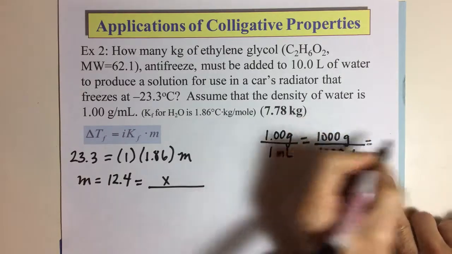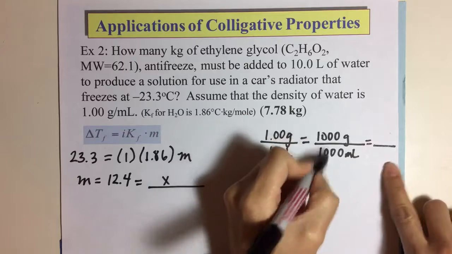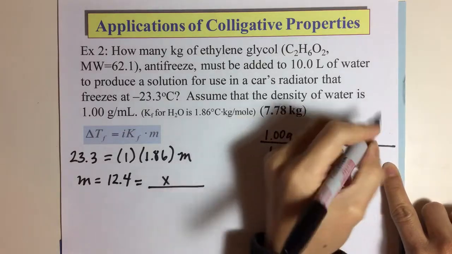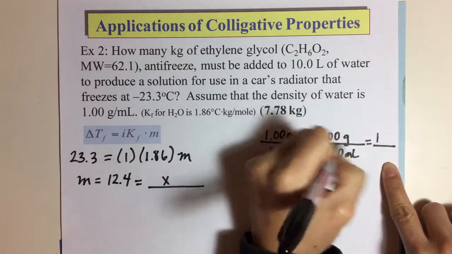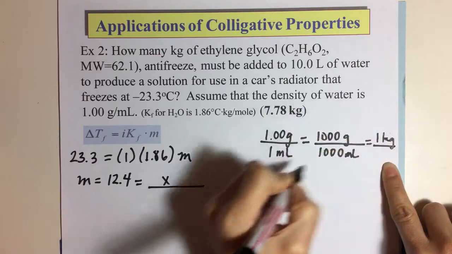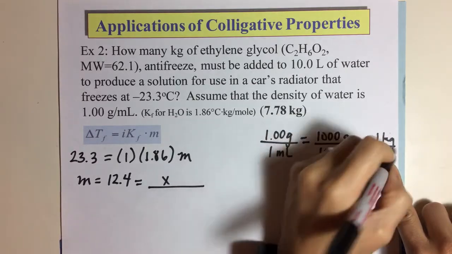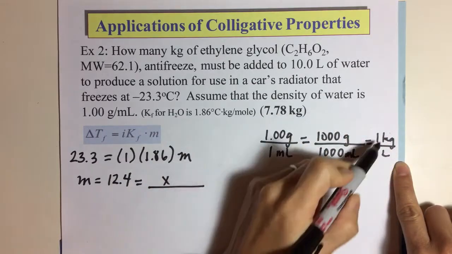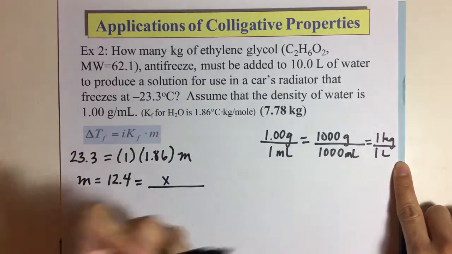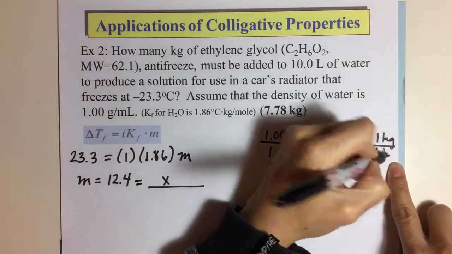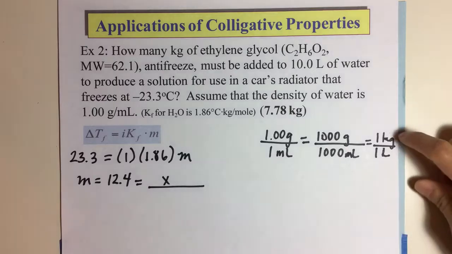But now why did we ratio it to 1,000? Well, because 1,000 grams is 1 kilogram, which means 1,000 milliliters is 1 liter. So this ratio is equivalent in terms of the kilogram to liter relationship.